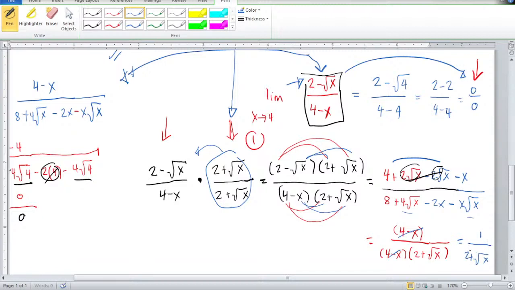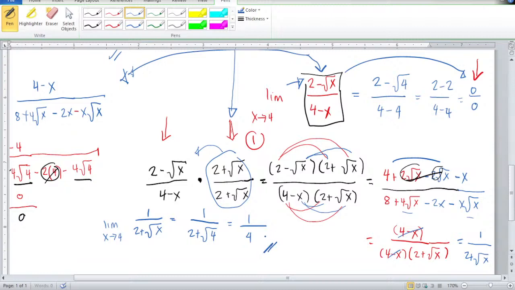Can you follow? So to evaluate the limit as x approaches 4, this is now our expression: 1 over 2 plus square root of x. Substituting, 2 plus square root of 4. So 1 over 2 plus 2, which is 1/4.